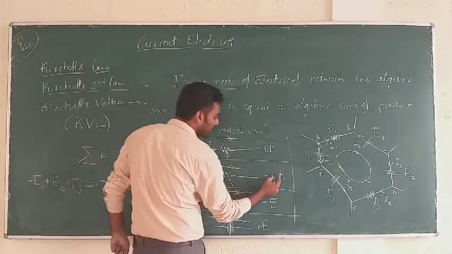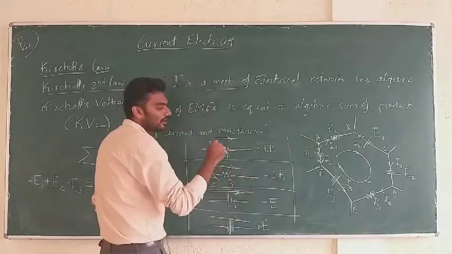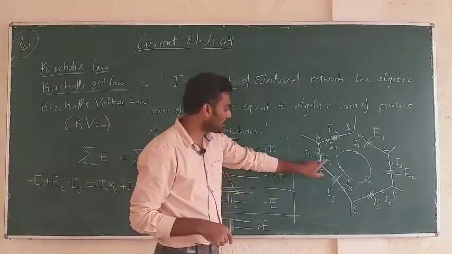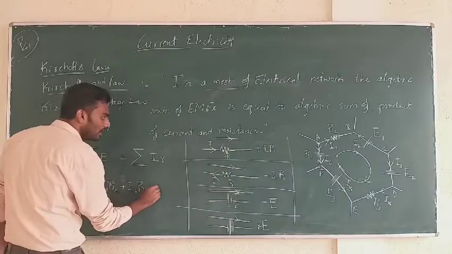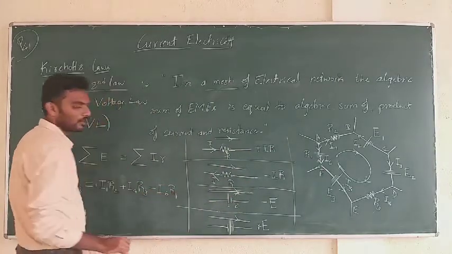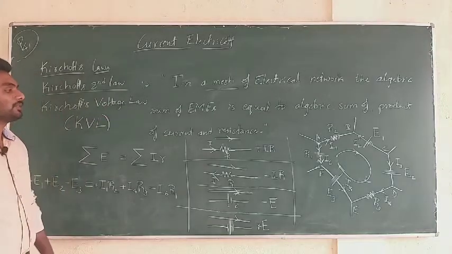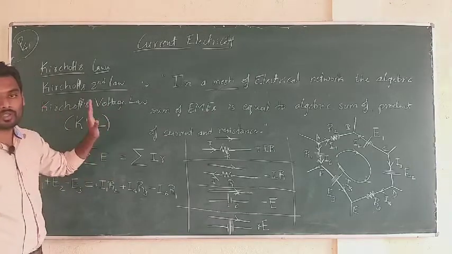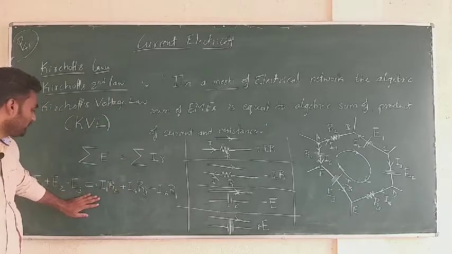So I have to consider the product as negative, and I should keep minus I6 R1. Okay, so that's it. This is about Kirchhoff's voltage law's mathematical form.